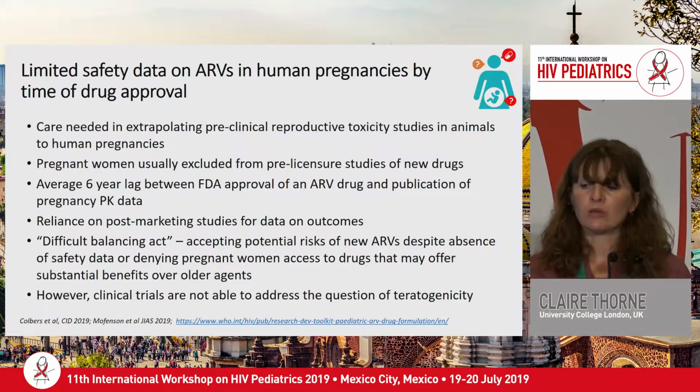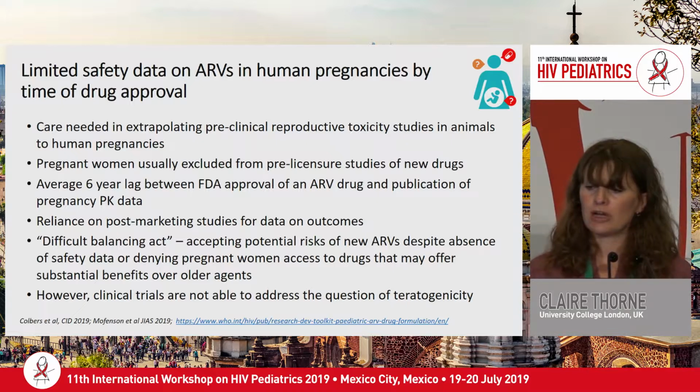As we well know, pregnant women are usually excluded from pre-licensure studies of new drugs. And as Angela Colbers and colleagues recently showed in their paper, there's an average 6-year lag between FDA approval of an ARV drug and publication of pregnancy PK data, including transplacental transfer. We therefore rely on post-marketing studies for data on outcomes.